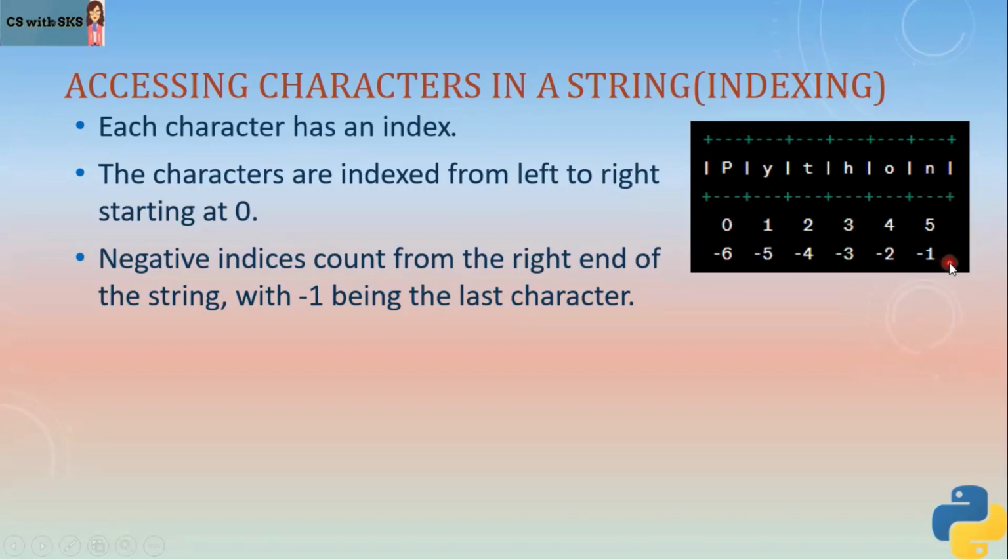Now the negative index values for this string start from -1 for N, -2 for O, -3 for H, -4 for T, -5 for Y, and -6 for P. So these are positive index values and these are negative index values, right?